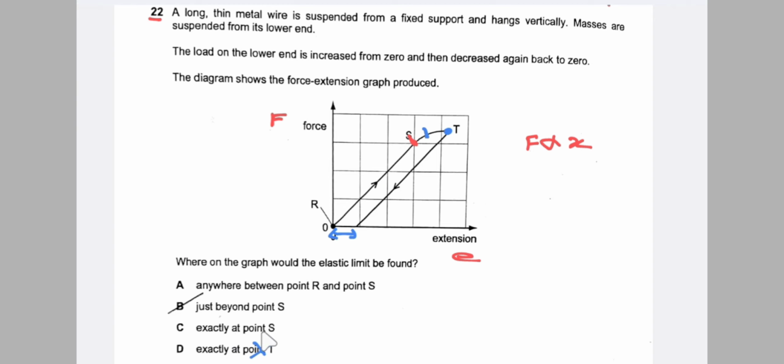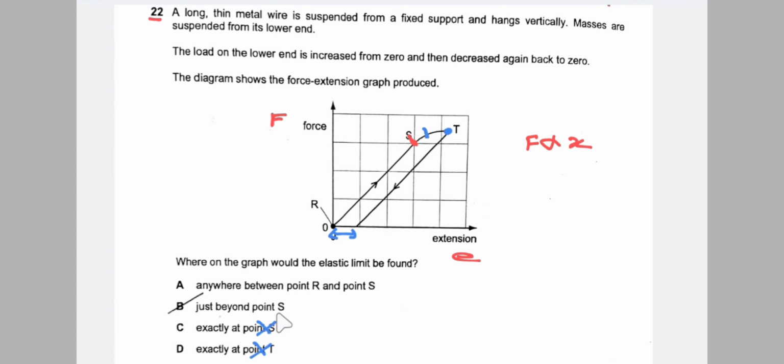Then point S is the limit of proportionality, so this is wrong. The elastic limit is after point S, so anywhere between point R and point S is wrong, because the elastic limit comes after the limit of proportionality.